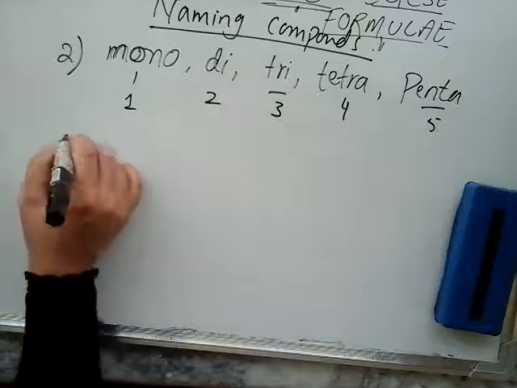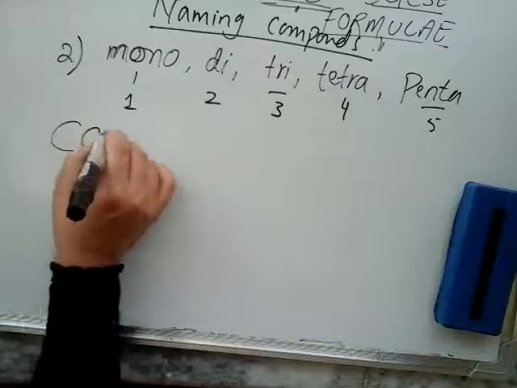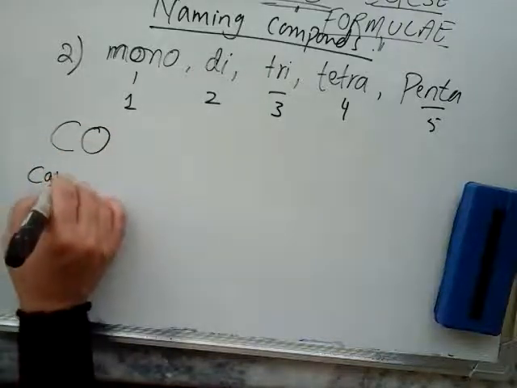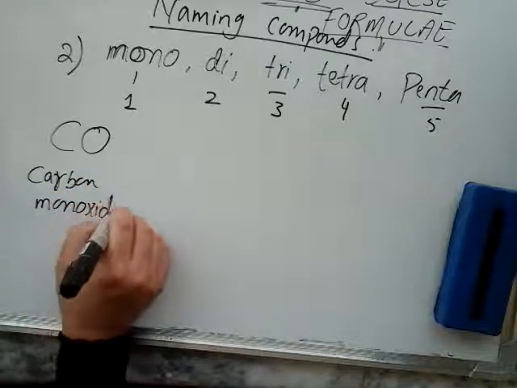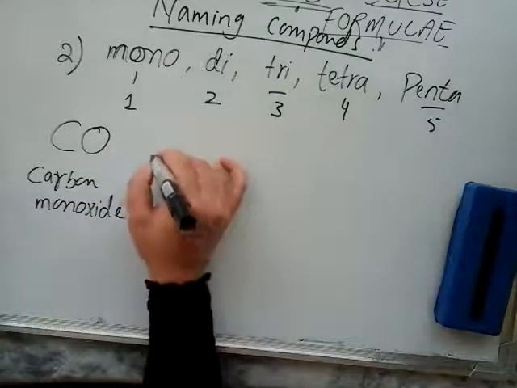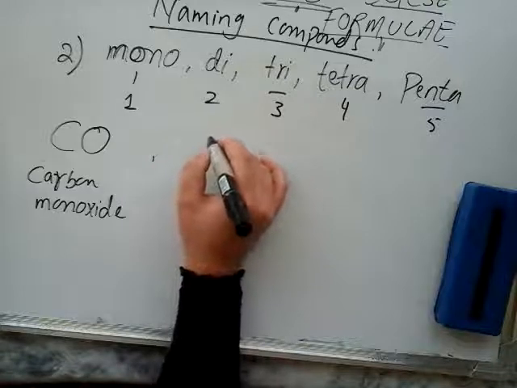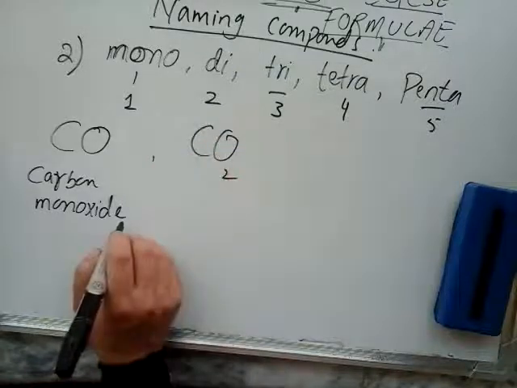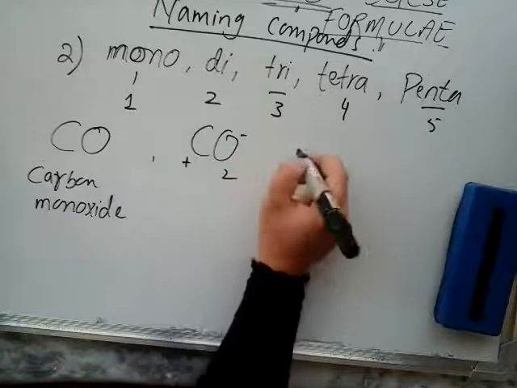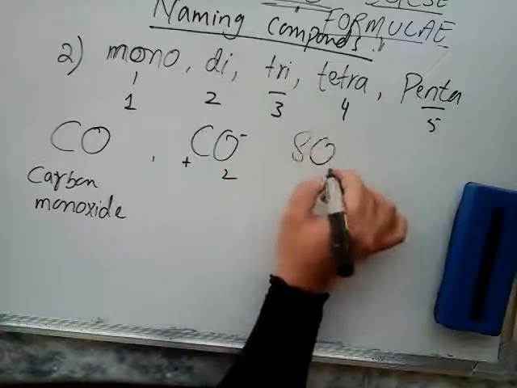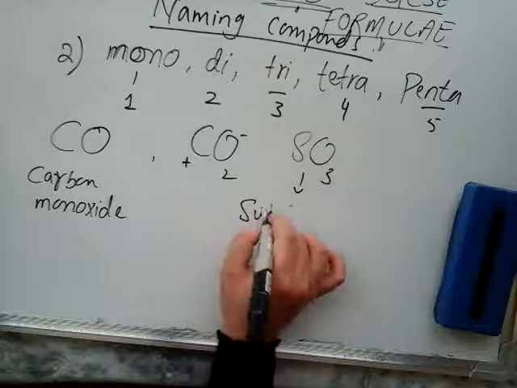Let's suppose, for example, carbon monoxide. Okay, then carbon dioxide. Okay, carbon is positive and oxygen is negative. Then sulfur trioxide.